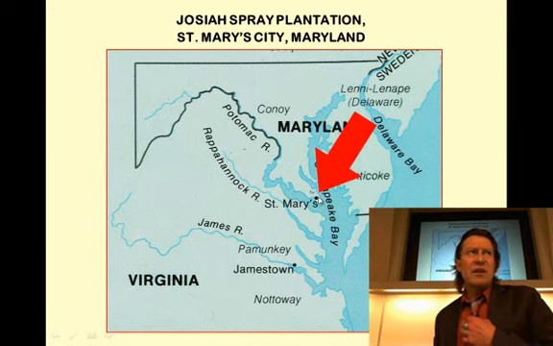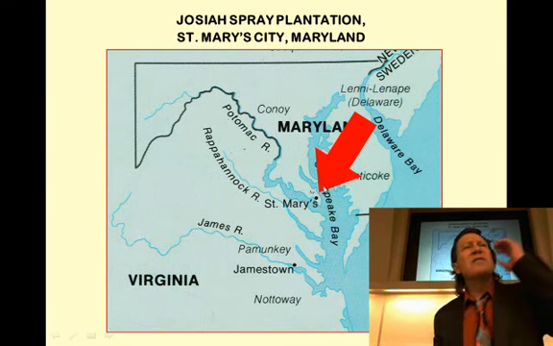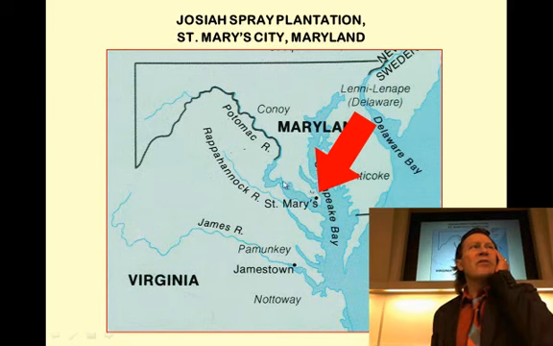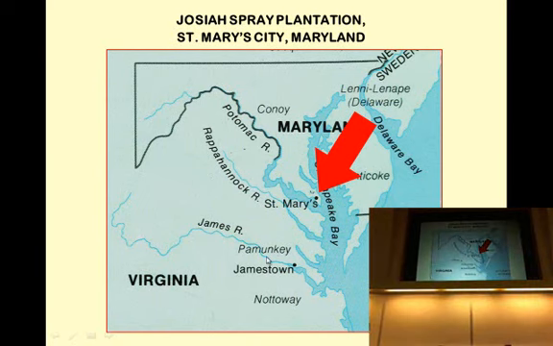It's still there, and you can go visit it. And there's a living history museum called the Josiah Spray Plantation, where they've actually tried to recreate the living circumstances for the early planters in 1650, and I'm going to show you some scenes from that. Here's Virginia down here. I've actually created a little video with a narration to it.